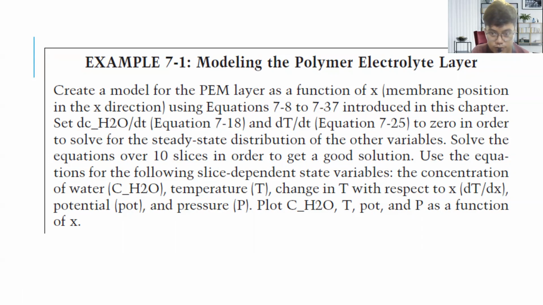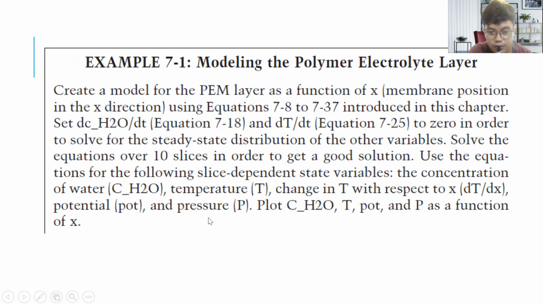Nah, terus berikutnya adalah use the equation for the following slice dependent state variables. The first one is the concentration of water, C water, the temperature, and the change in temperature with respect to X direction, dT per dx, and the next one is the potential or POT and the pressure.